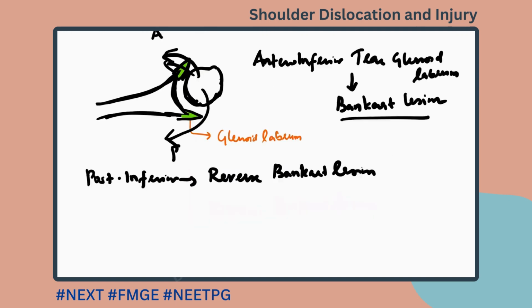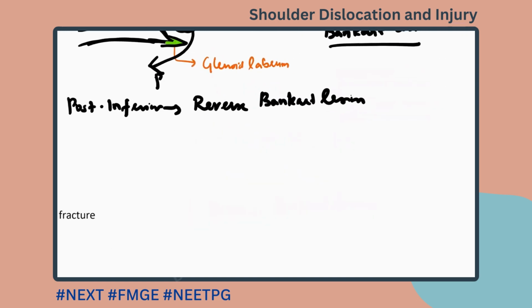Now with this, we'll go to the next important aspect of this dislocation. This is the glenoid cavity. Now what happens? The humerus has got dislodged anteriorly. The humerus is like a soft bone; the proximal part of the humerus is like an eggshell.